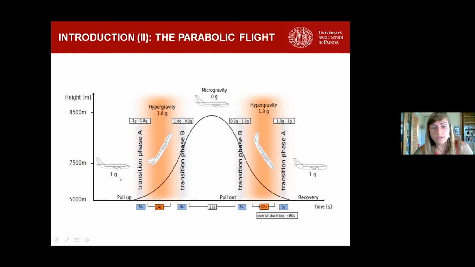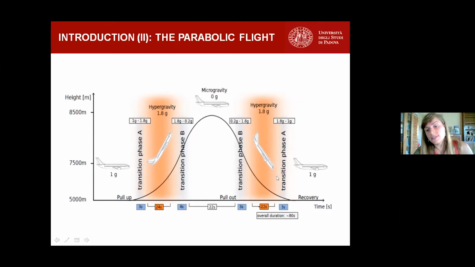The parabola typically starts with the plane flying in 1G, the so-called steady flight condition, and afterwards the plane starts to ascend the parabola, entering a hypergravity phase until it reaches an inclination of about 50 degrees, after which it reaches the top of the parabola, entering a free fall phase lasting about 20-30 seconds.